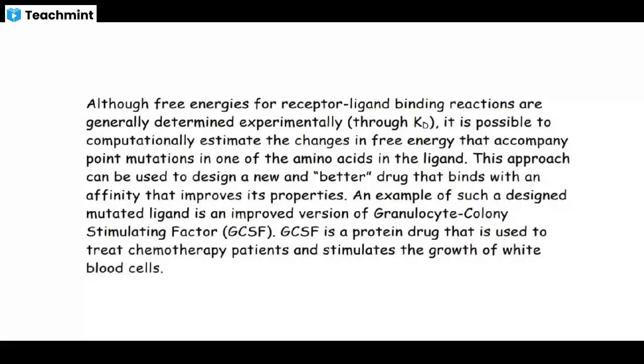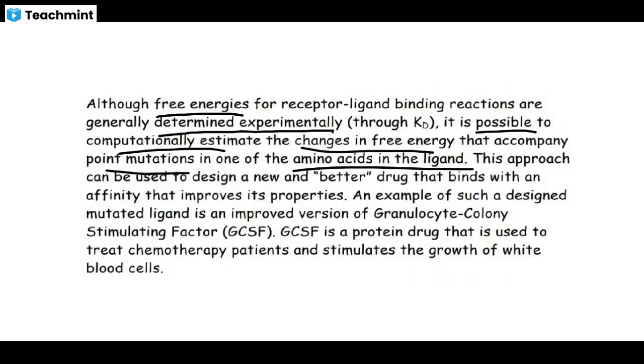Although free energies for receptor-ligand binding reactions are generally determined experimentally through Kd, it is possible to computationally estimate the change in free energy that accompanies a point mutation in one of the amino acids in the ligand.